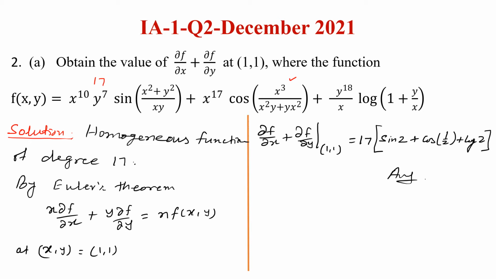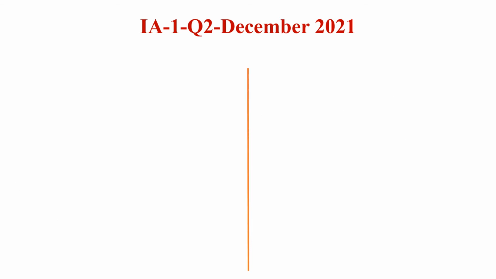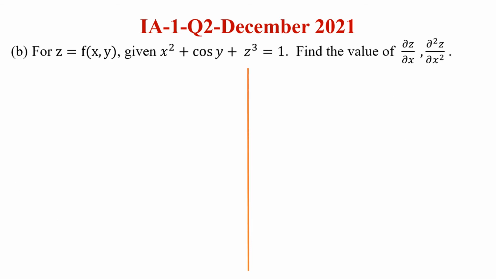Okay, so come to the next question. In the second question we have z equal to f of (x, y), and the relation between them is given. So what do we do in the solution? We differentiate partially with respect to x.